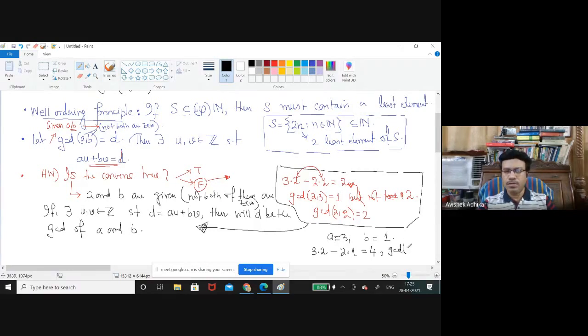Very good. So an almost similar example to this.